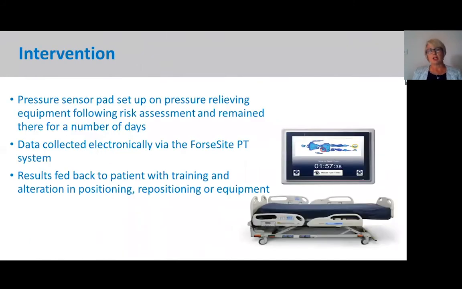So what we've done is we've provided the patient with a seat sensor and a bed sensor onto the bed and the chair, and left it there for varying periods of time depending on the patient and the seat map, up to 72 hours in some cases, then fed that information back to the patient and agreed with the patient about the alteration in positioning, posture, and equipment and future management.